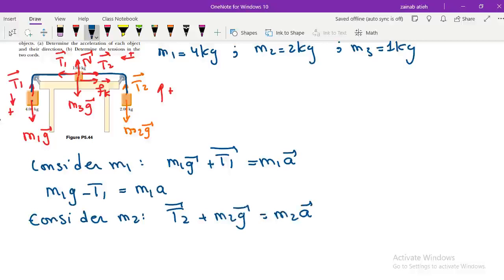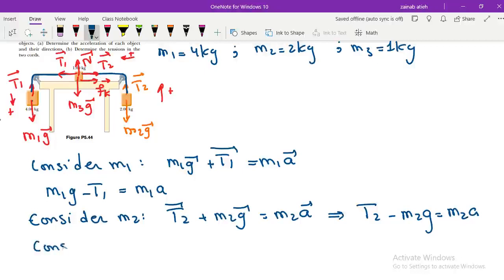If the question said they are not moving with the same acceleration, I would have to say A1 vector, A2 vector, like this. M2 is moving upward, so the positive sense is upward. I say plus T2 minus M2G. So when I project I will say T2 minus M2G equals M2A. Notice it comes out opposite to M1, because M1 was going down while M2 was going up.